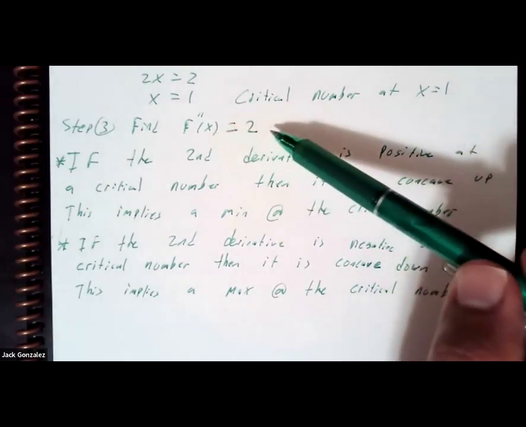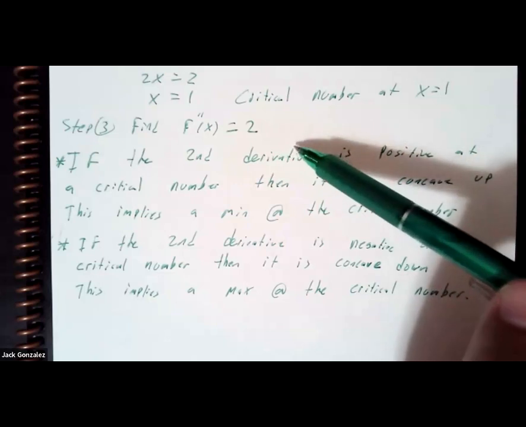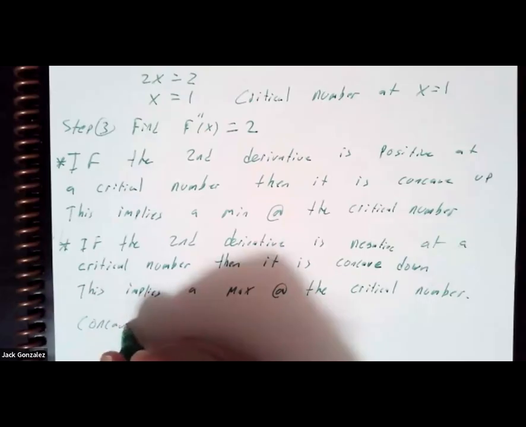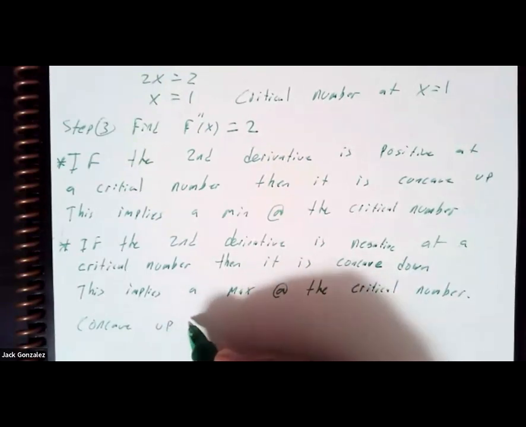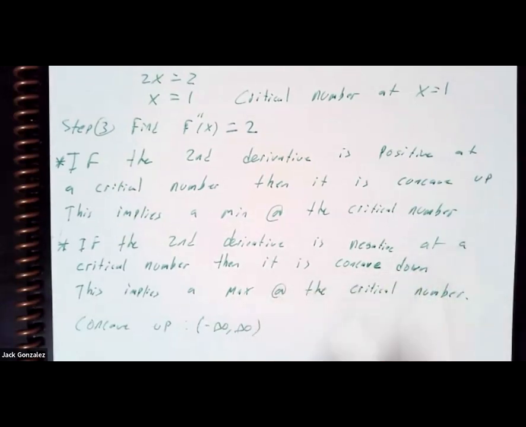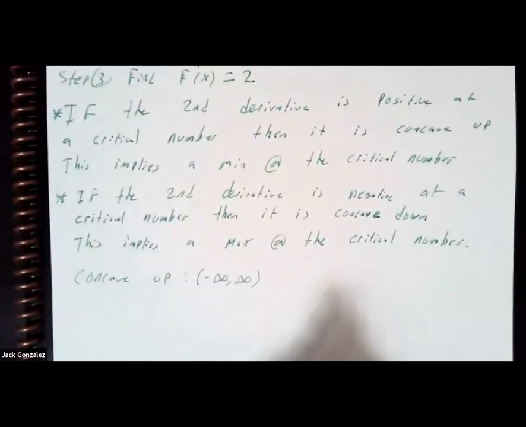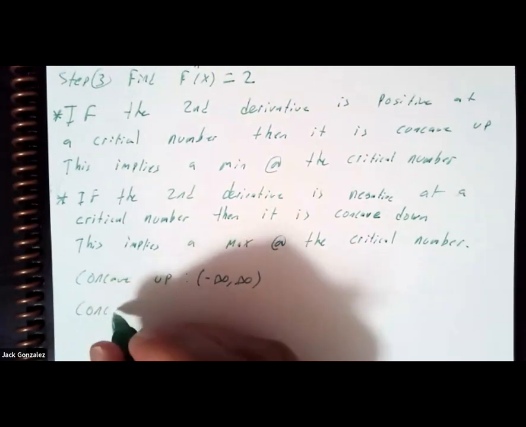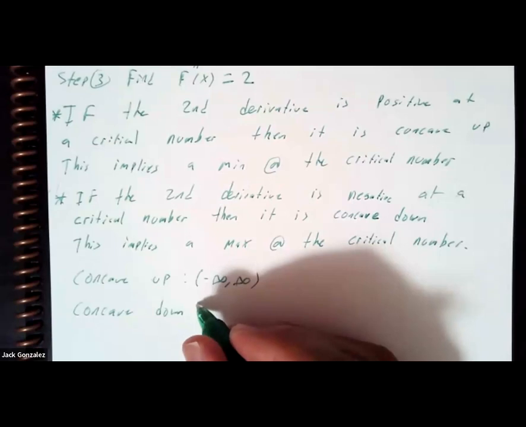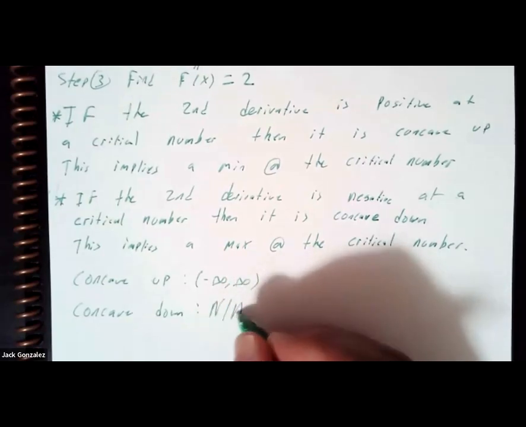So that means it's concave up for any x, because it's just a parabola opening up. So we would just say it's concave up all the time. Concave down is nowhere.